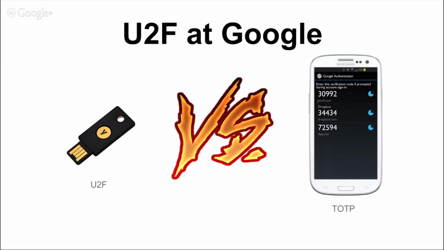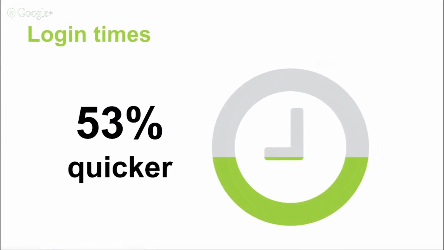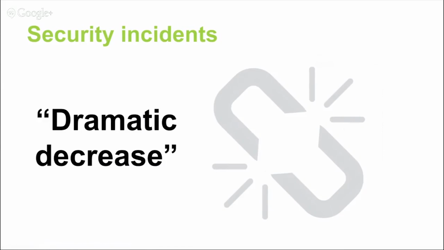That's what's being compared, because those were the two big ways to authenticate at Google at the time, at least. 53% quicker. And security incidents, I haven't heard any numbers. As usual, maybe a company doesn't want to share exact figures, but a dramatic decrease in security incidents compared to TOTP. So obviously TOTP isn't 100% secure, right? Because then you couldn't decrease the number of security incidents dramatically.